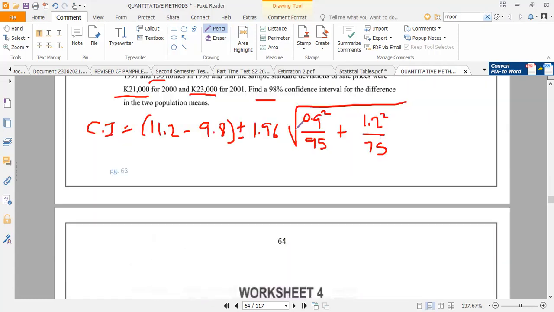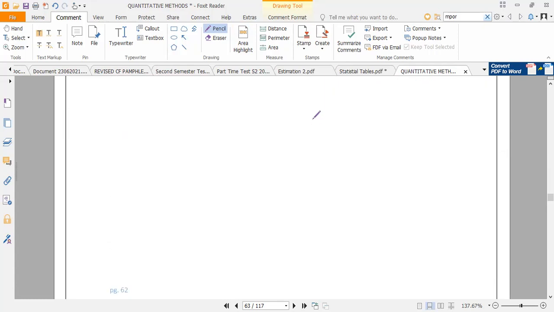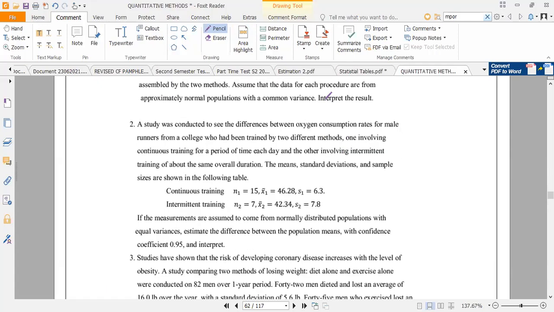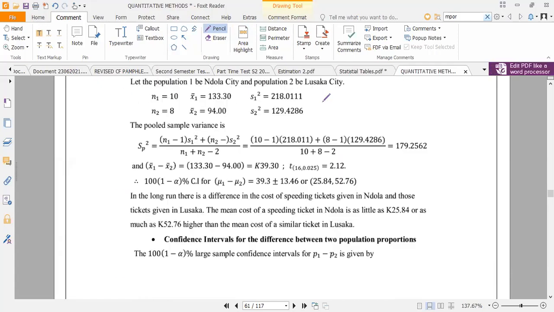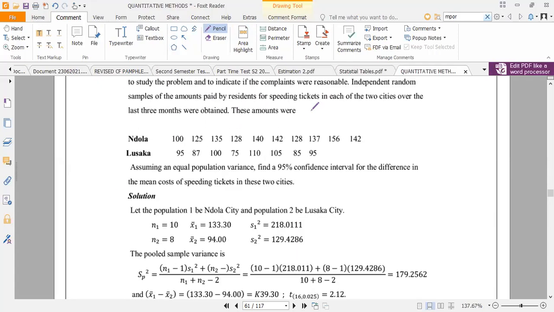Okay. So this is how a confidence interval is supposed to be done. Now, when we're dealing with proportions, however, sometimes you're not given sample sizes. You're just given capital N, A, and B. We have a small sample and a big sample.